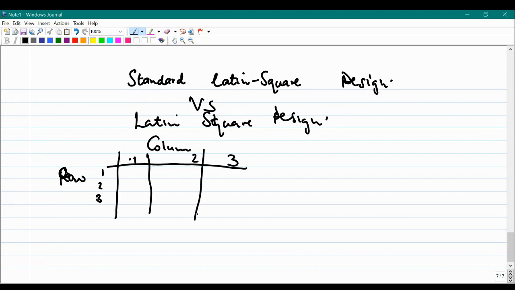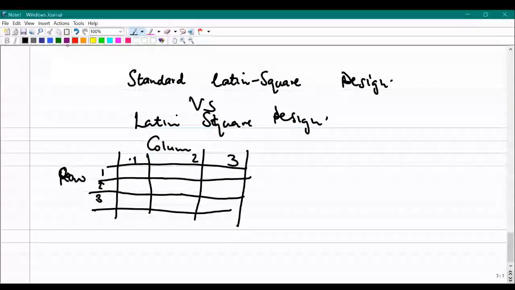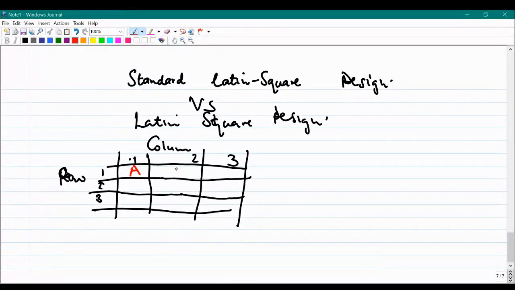I want you to tell me which one is a standard Latin square design, and which one is not. A, C, B.